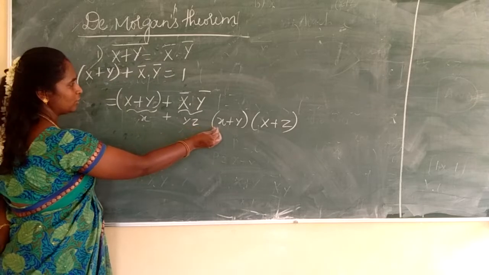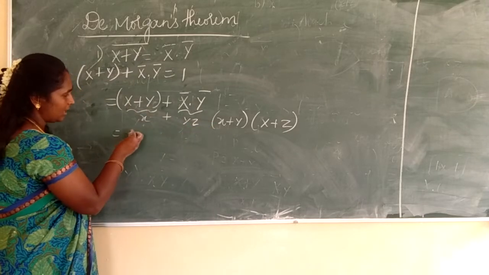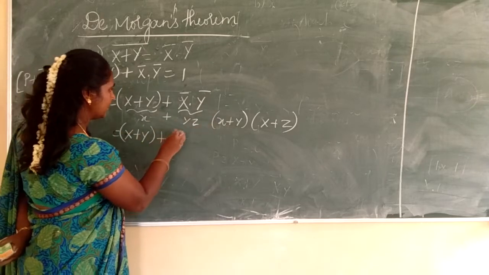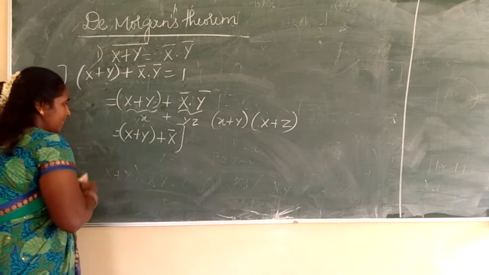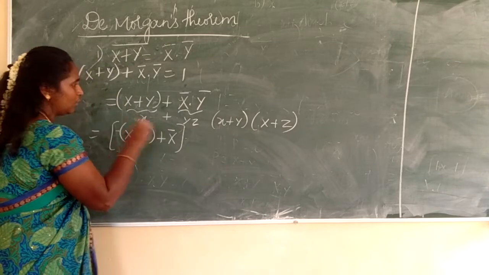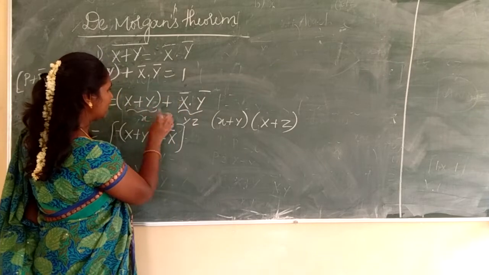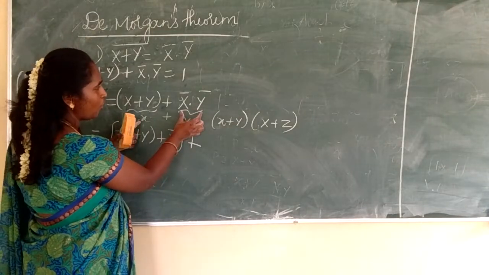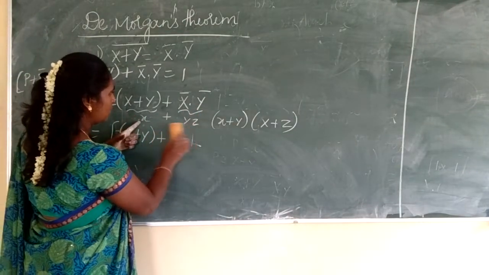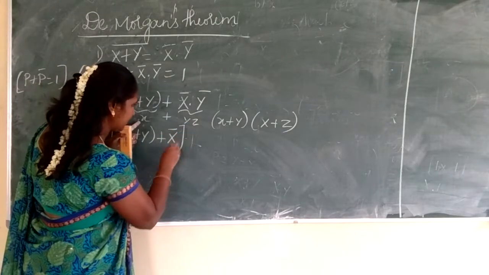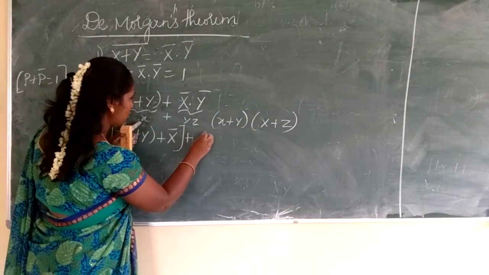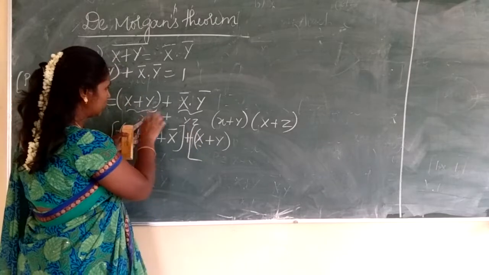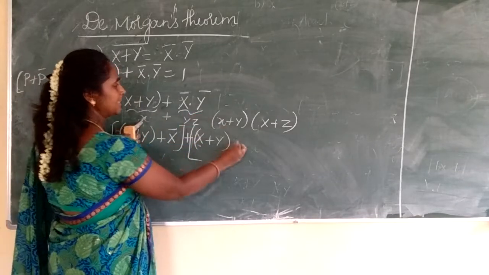So by the distributive law, (x + y) plus x bar y bar is equal to, again, using this as my x, (x + y + x bar) into (x + y + y bar).